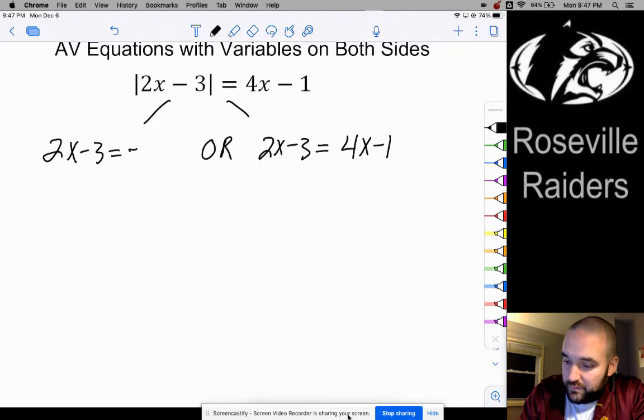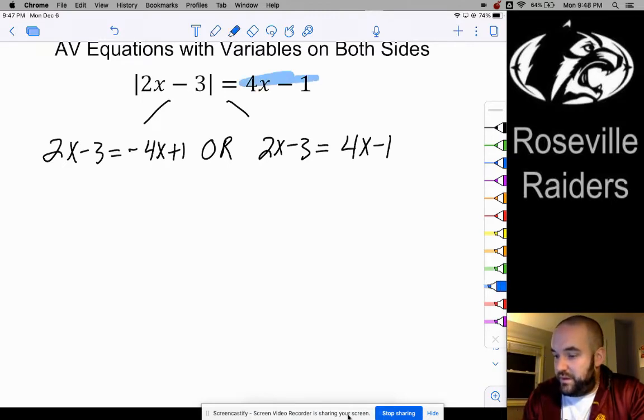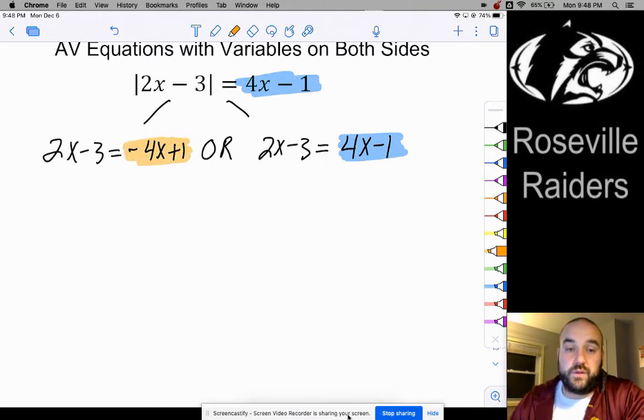Negative 4x. What's the opposite of negative 1? Plus 1. So in one of my two equations, this matched perfectly. On the other side, I am flipping the sign, taking the opposite of both of those terms. And notice 2x minus 3 is staying the same for both of them.